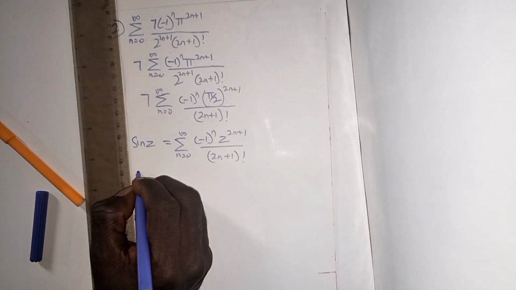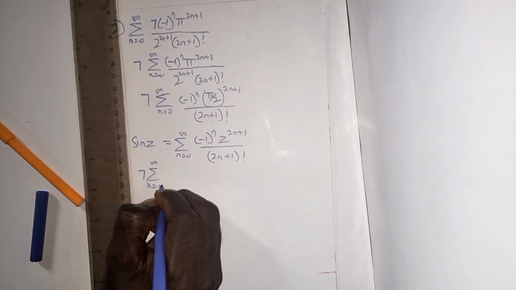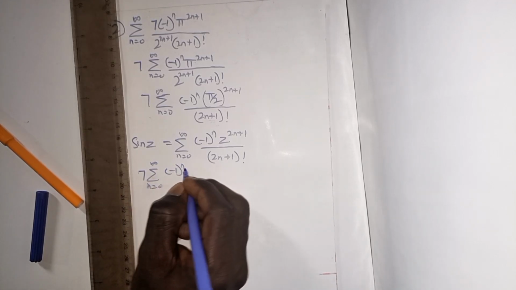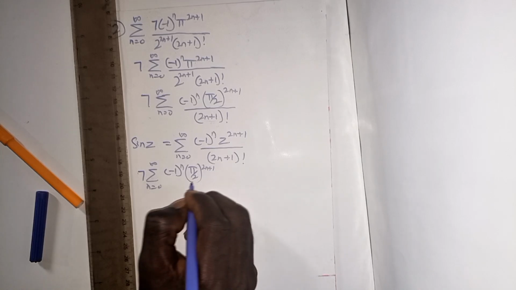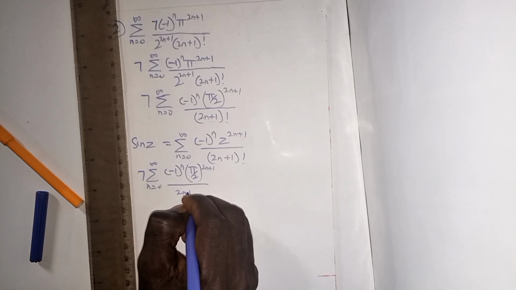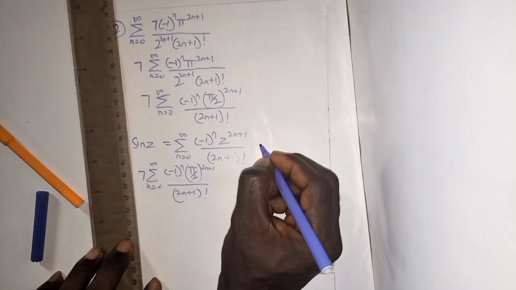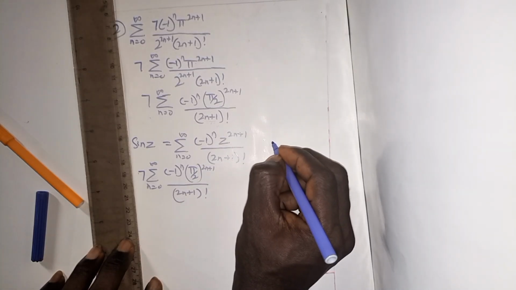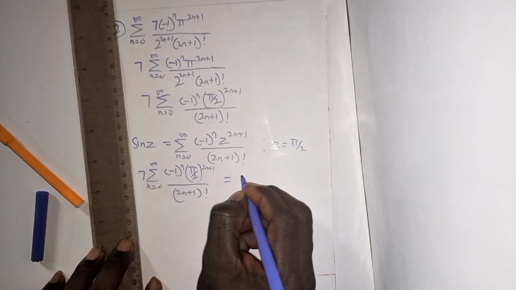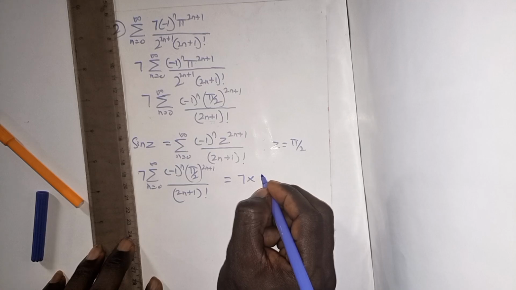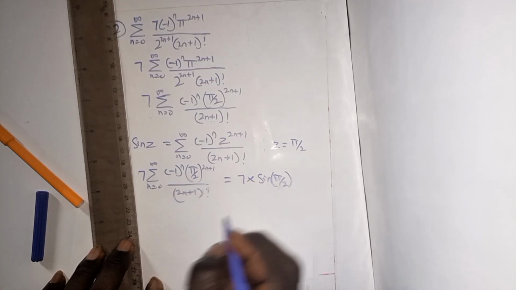So we have 7 times the sum from n equals 0 to infinity of minus 1 to the n, pi over 2 to the 2n plus 1, all over 2n plus 1 factorial. And from what we said earlier, don't forget, our z now is pi over 2. So this gives us 7 times sine pi over 2.